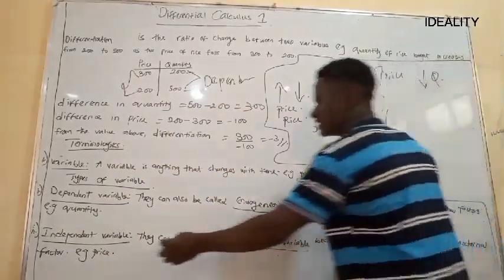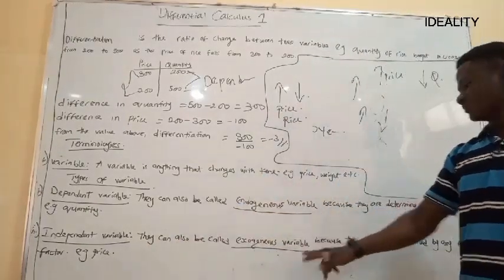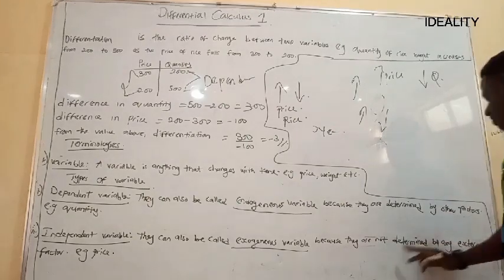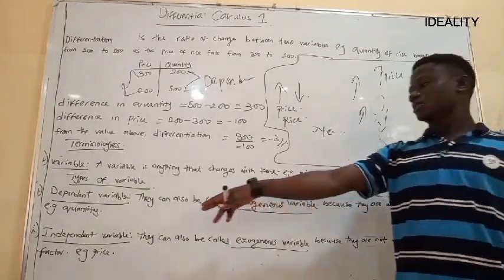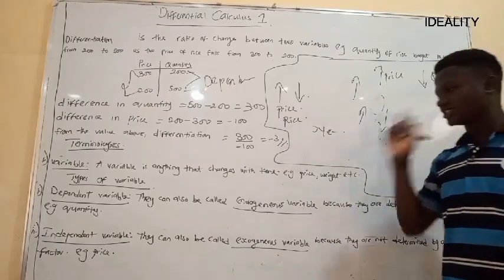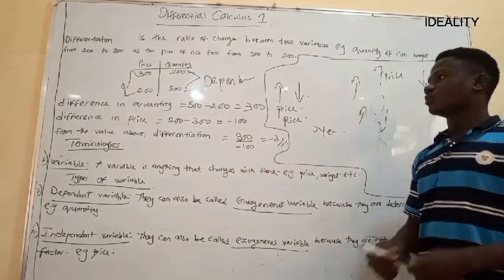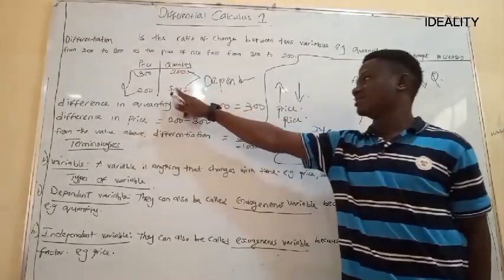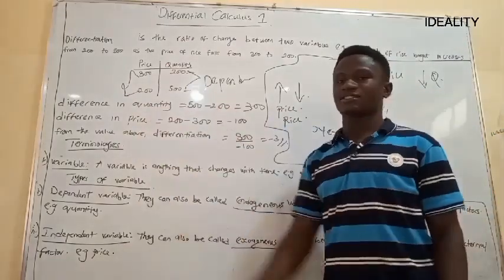Now let's go. What do we mean by an independent variable? They can also be called exogenous variables because they are not determined by any other factor. An independent variable is simply the opposite of a dependent variable. We all agree that quantity is determined by change in price, but what determines change in price?